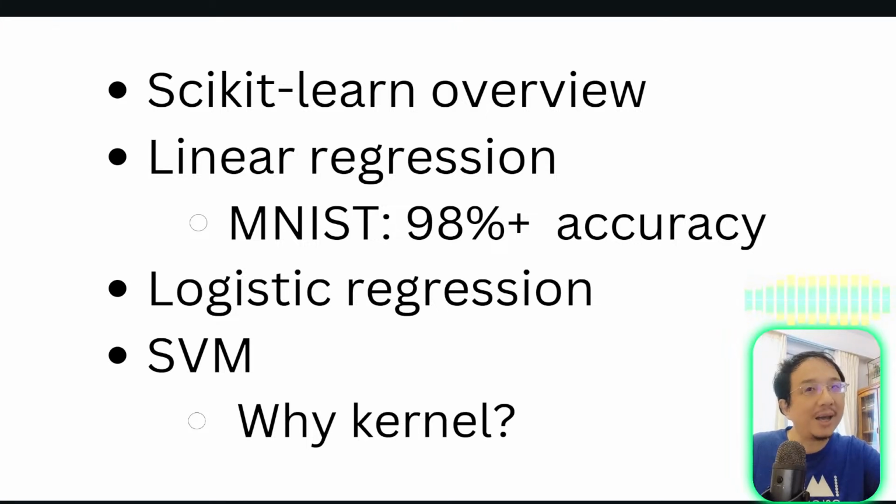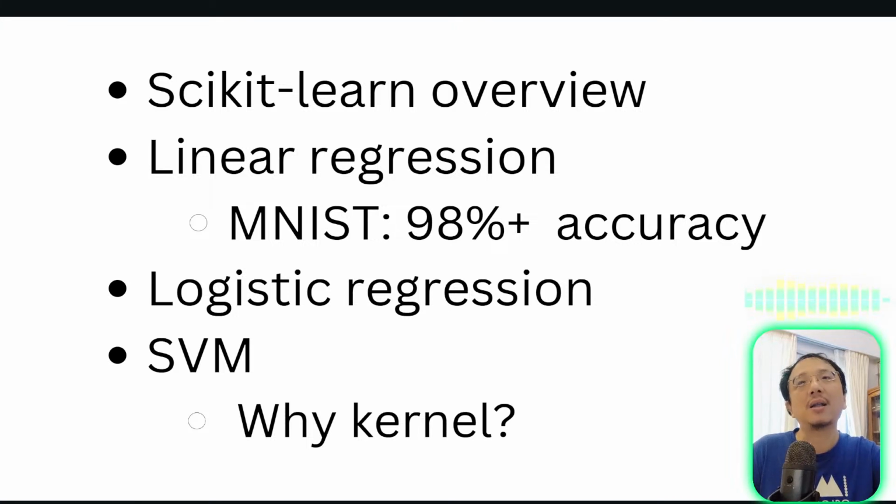Of course, if you apply it correctly, you can get a better score comparable to the 98% plus accuracy we get from linear regression. Depending on the pace of this lecture, hopefully we will reach the support vector machine and the kernel of the support vector machine. But because we have a lot of content this week, maybe we will not go that far.